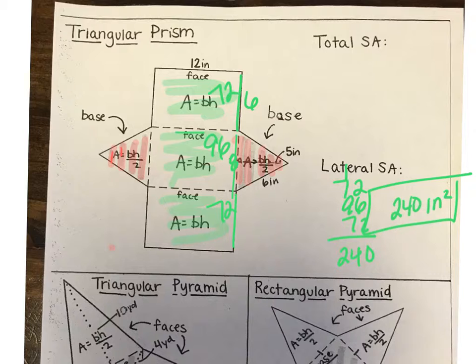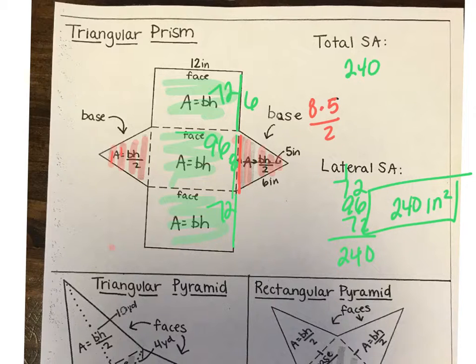Okay, and then our total surface area would be the 240 plus the 2 red triangles. So the red triangles would be base of 8, height of 5, divided by 2. Why 2?